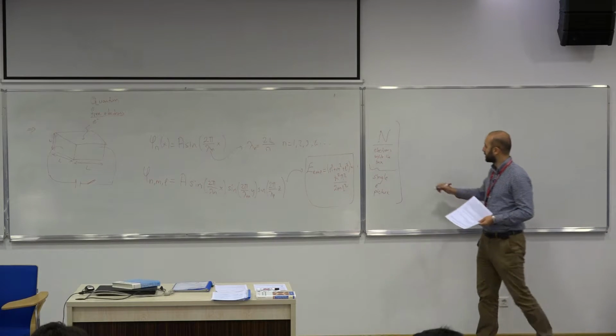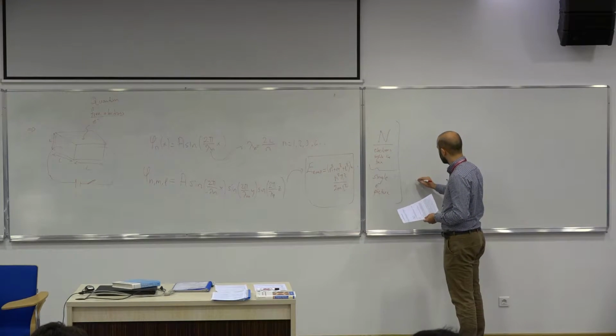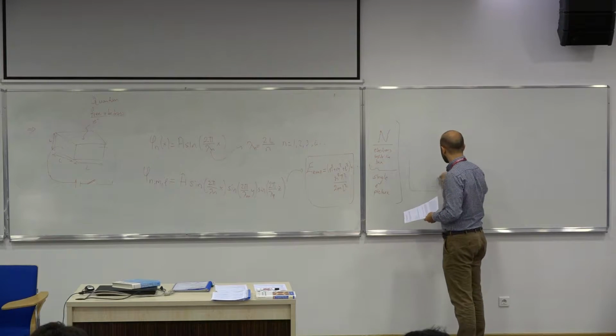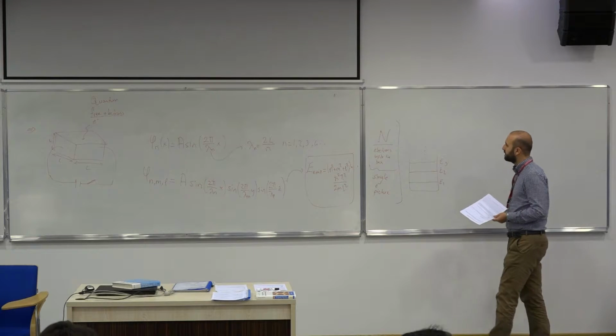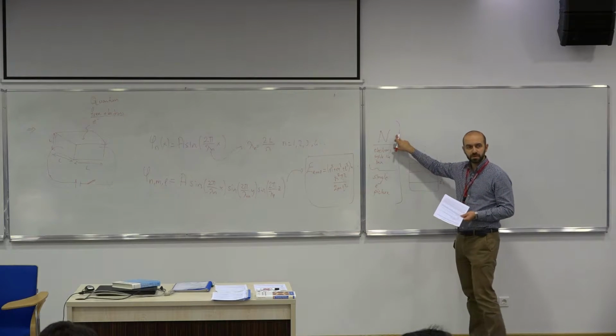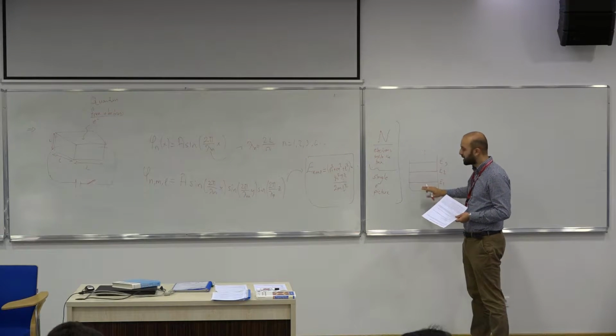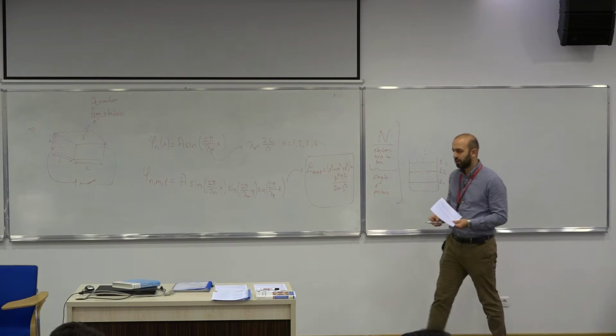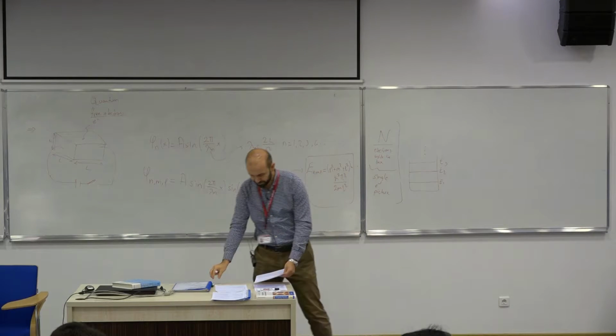Now, if you remember last time, I took this one-dimensional square well, and we have these energy values, and they go up. Now, if I have n electrons to fill up these states, how would I go filling them up?